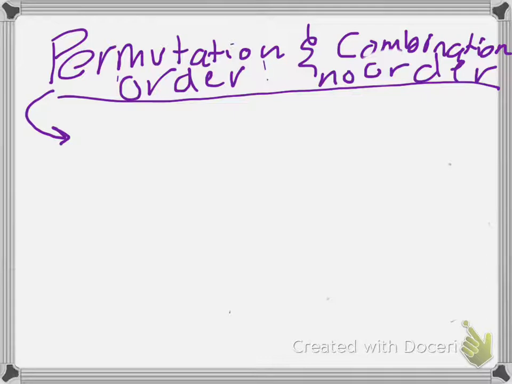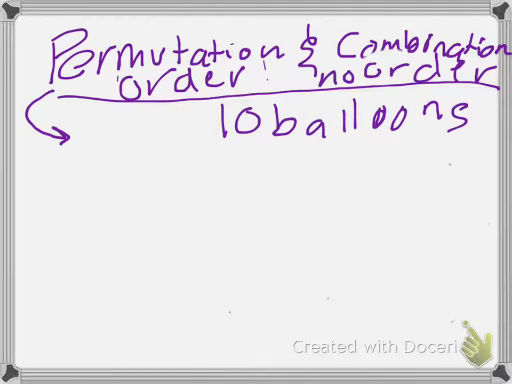He is really cheap, so he only has 10 balloons. And say at your party there are 6 kids in total, including yourself. We want to know how many ways the clown can give each child a balloon.